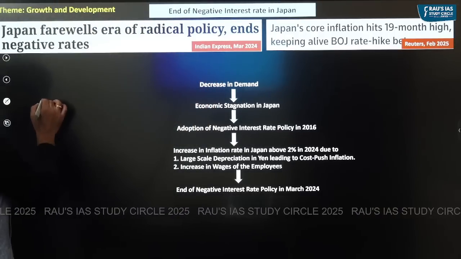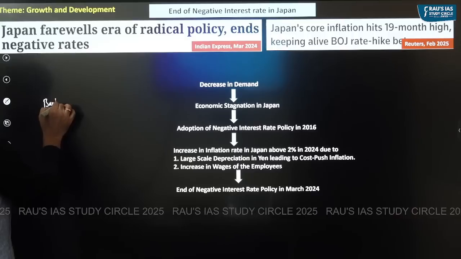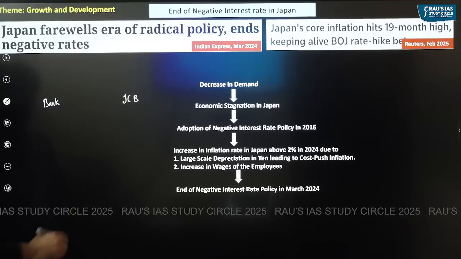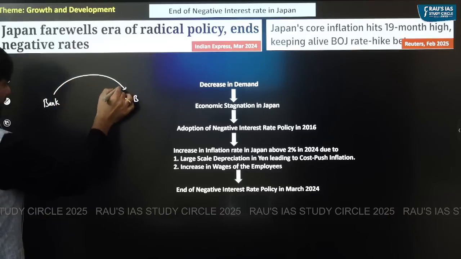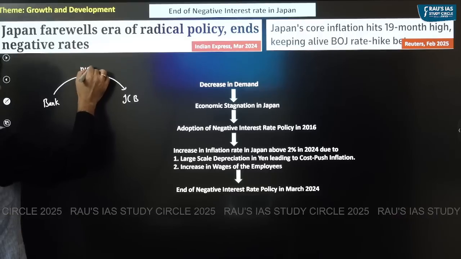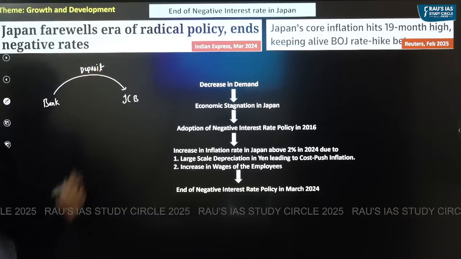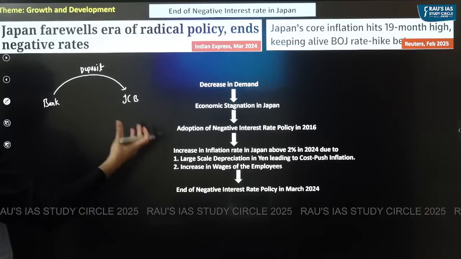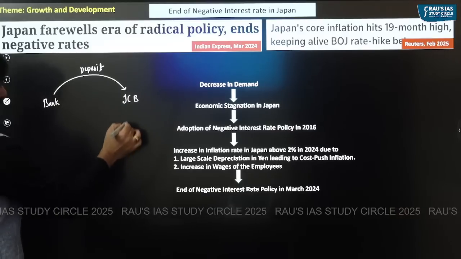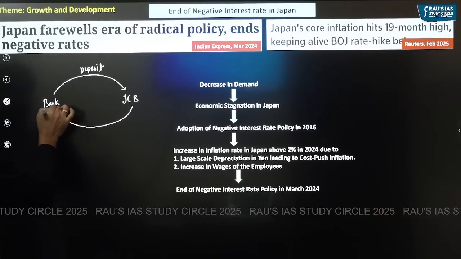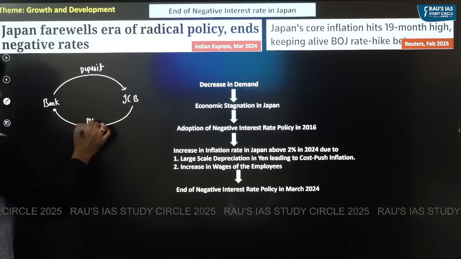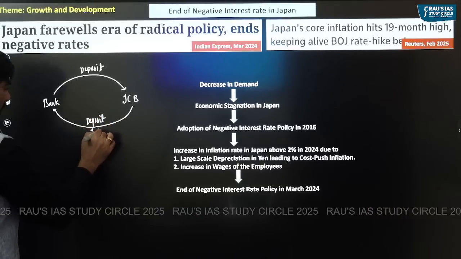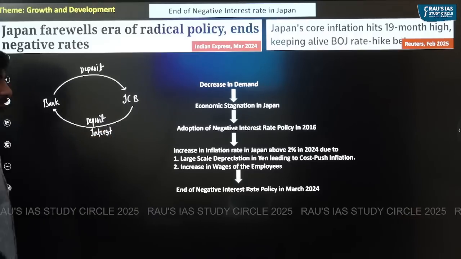Let's say there is a commercial bank and this is Japan's central bank. This bank, let's say, deposits money with the central bank for a few days. After the maturity of the deposit, the Japanese central bank will give back the deposit along with the interest, right?